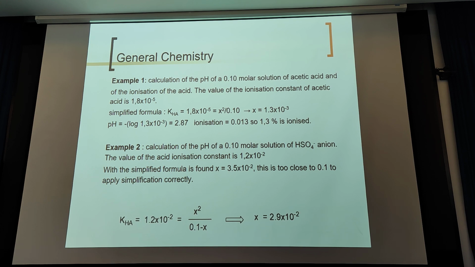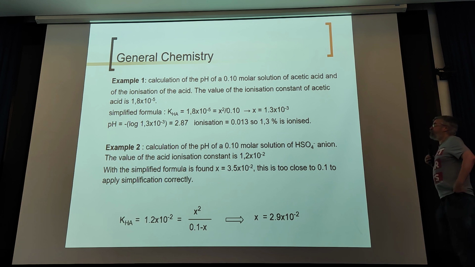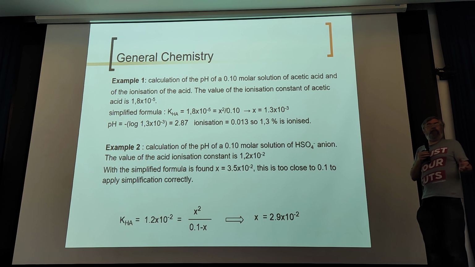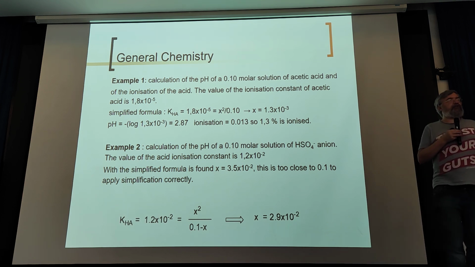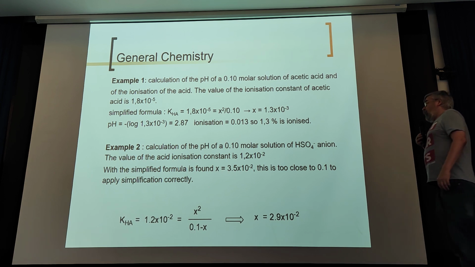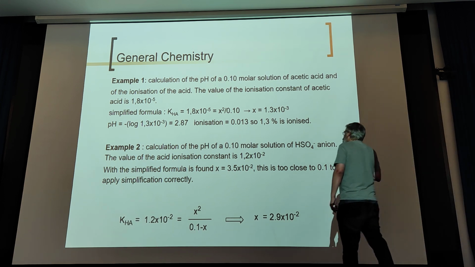So that is, let's say, not a very large part of the acetic acid that is ionized. That also means x is small as compared to the original concentration. So 1.3%, that's not a big mistake.